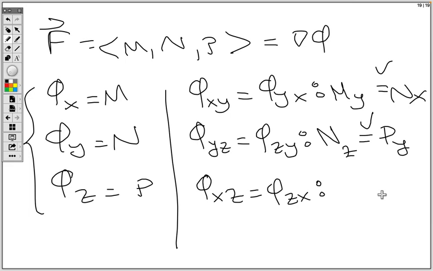What would be the components? Yeah, phi xz would be Mz. Phi zx would be Px. So this is the exactness criteria here.